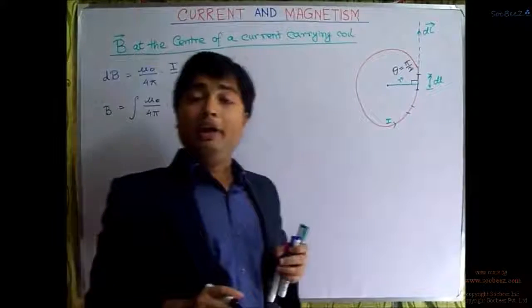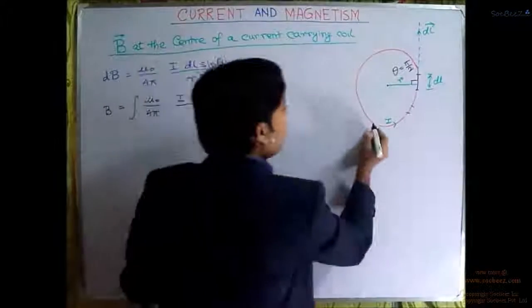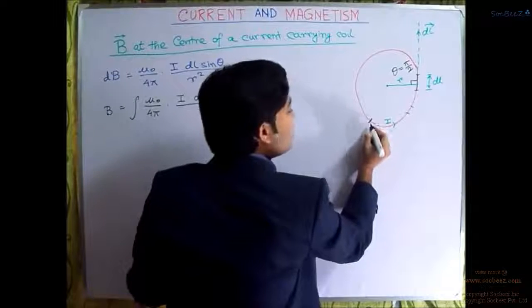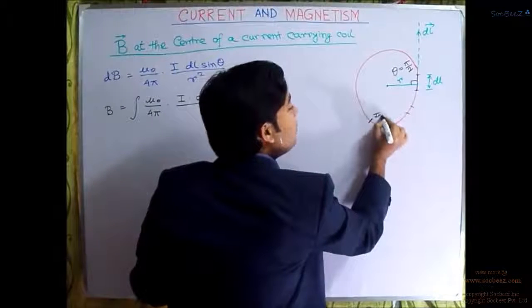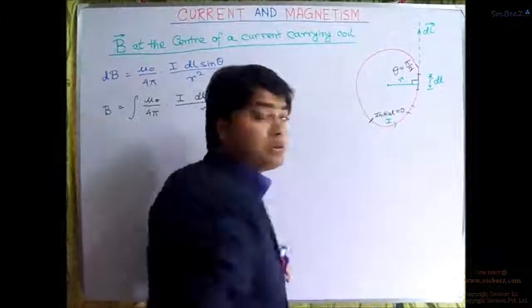Now it would be integrated from where to where? Say for example, if we mark one point over here as the initial point, this is 0.